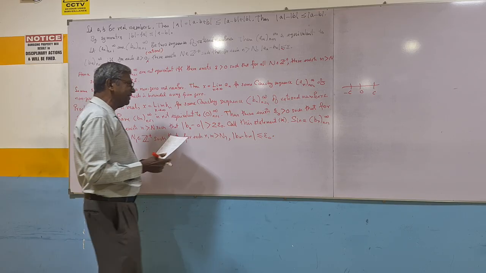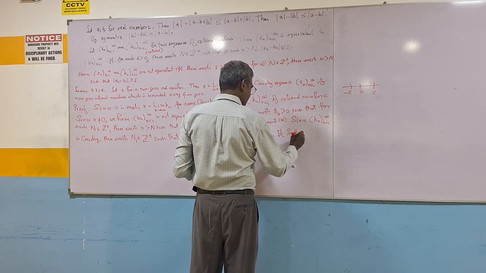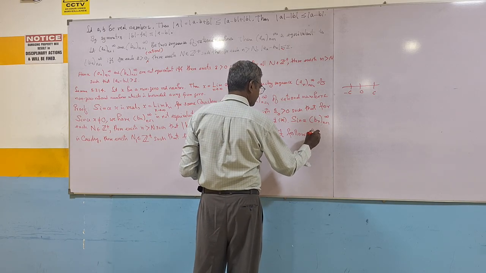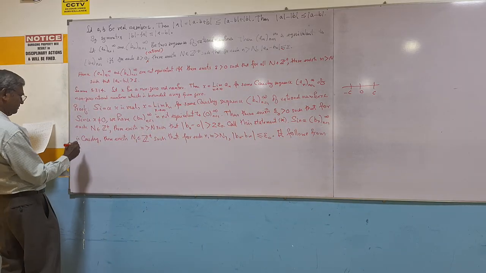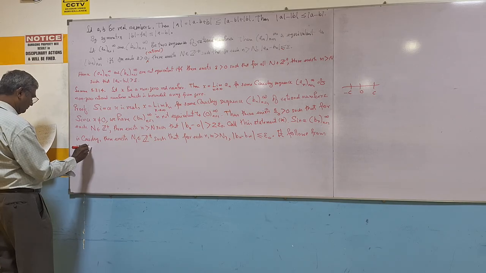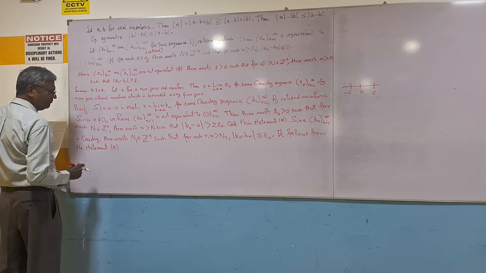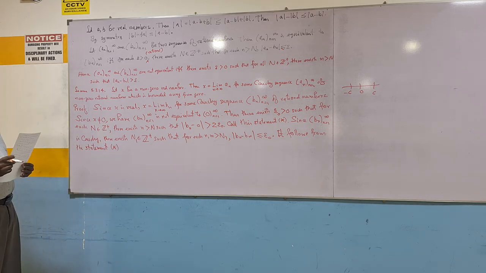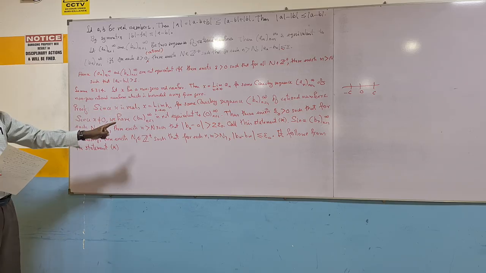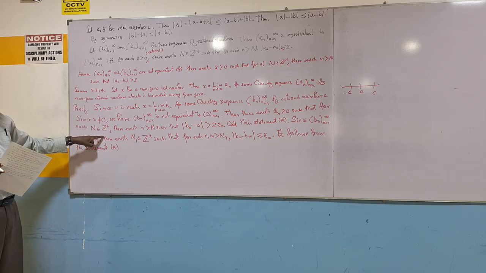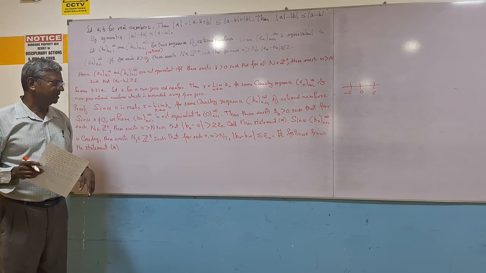Okay, it follows from the star statement. Because what the star statement says is, there is an epsilon 0 positive number, no matter which N you use, there is an integer simple n greater than N, like this.